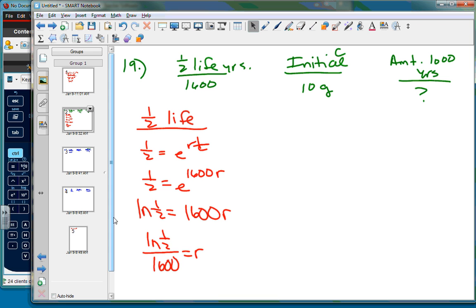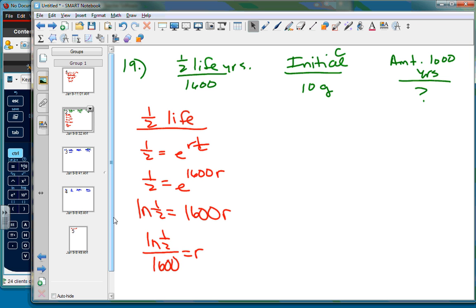Can you hold 10 grams in your hand? My point is that it's taking a really long time for 10 grams to go down to 5 grams. 1,600 years is a long time, right?